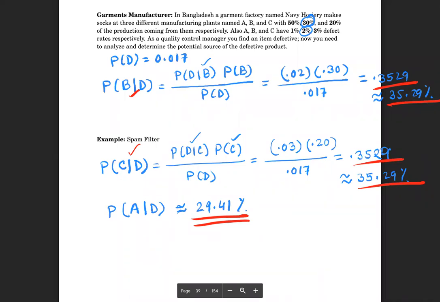Okay, folks, that's all for Bayes' theorem, and let's move on. But before I move on, any questions, anybody? No questions? Everybody okay?